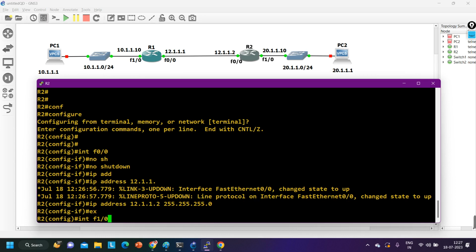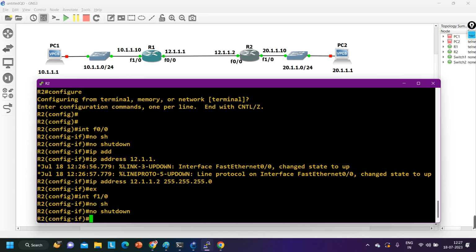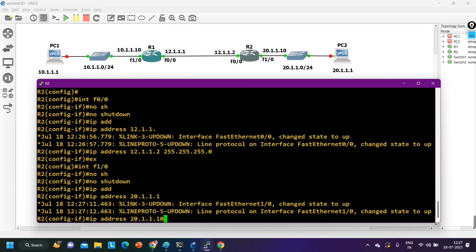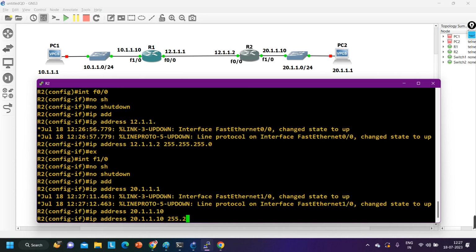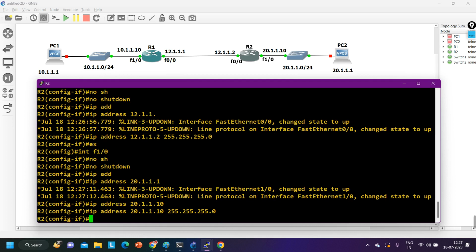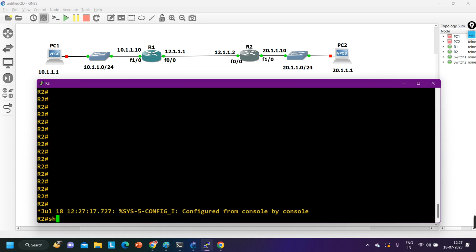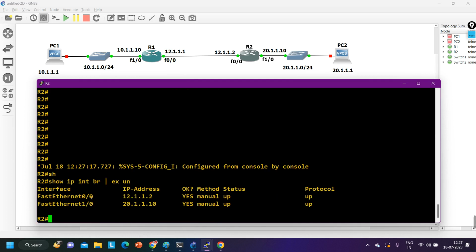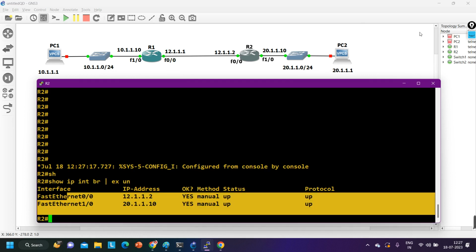Interface F1/0, say no shut and IP address 20.1.1.10, 255.255.255.0 and show IP interface brief exclude unassigned. Done. IP configuration on router 1 and router 2 is done.